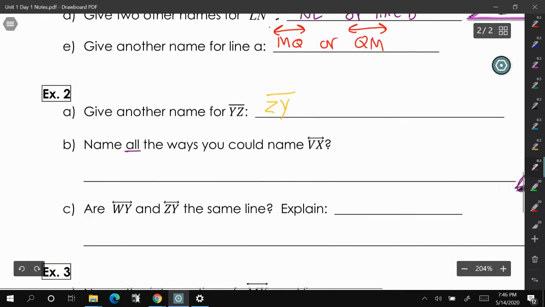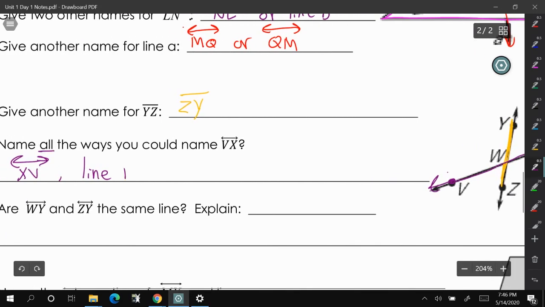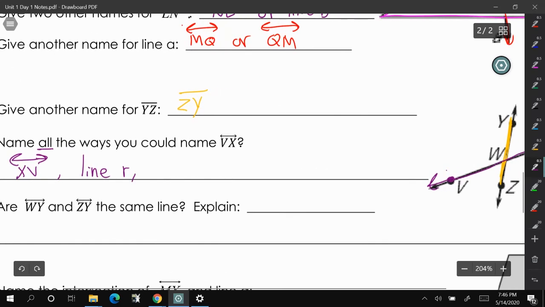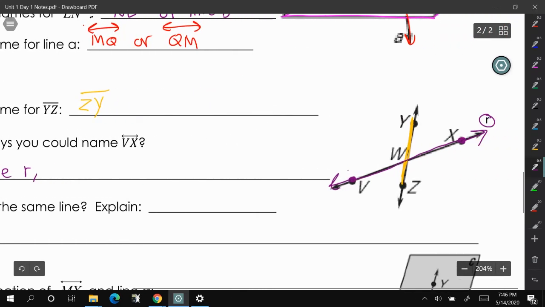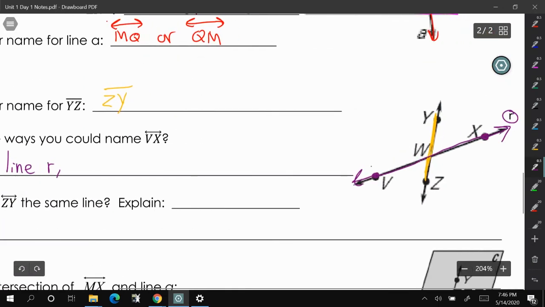So we could say line XV. We could say line R. And the others that I'm going to talk about kind of tie into letter C, where if I'm going to say line WX.